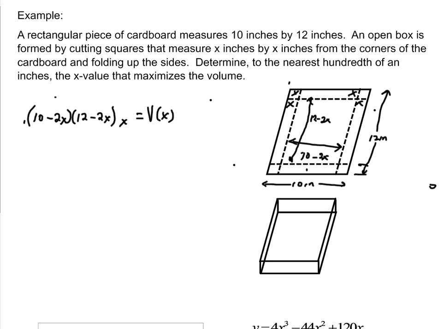All right. So if I work this out, what function do I get? Well, I've worked this one out myself, and I got 120 minus 44x plus 4x squared, all times x, still v of x as our function.